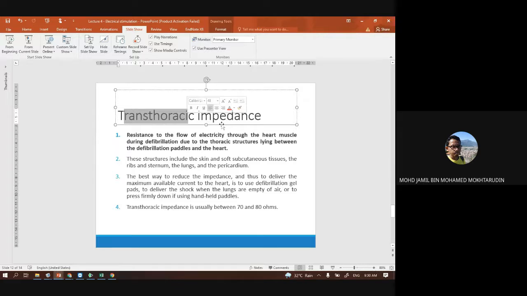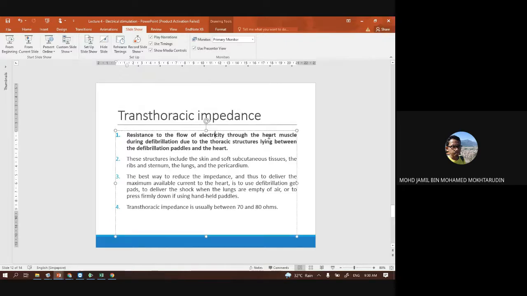So transthoracic means the area in between your rib cage. Okay, so the resistance to the flow of electricity through the heart muscle during defibrillation. The resistance for the defibrillation current to flow to the heart is the thoracic structure.